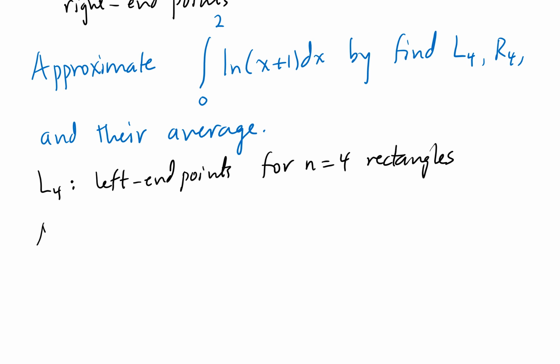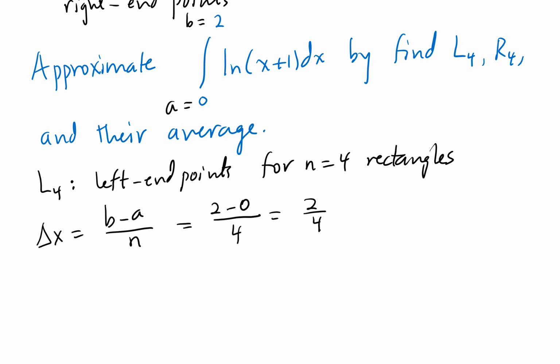The first thing I always find is delta x, b minus a over n. a is 0, b is 2. Let's substitute them in: 2 minus 0 over n. n is 4. So that gives us 2 over 4, which is 1/2, or 0.5. And without drawing the graph, this is what I do.